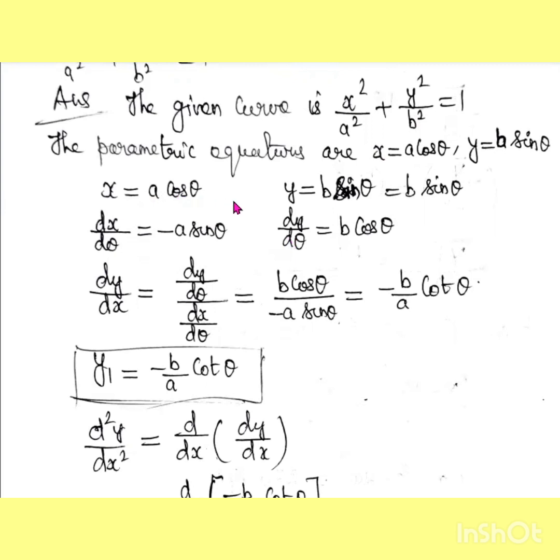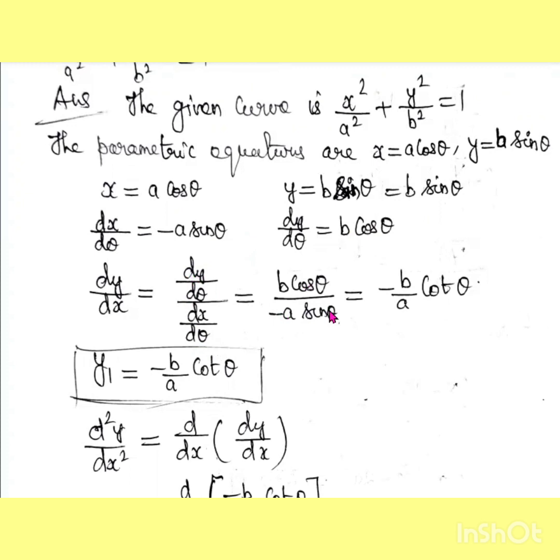So x equal to a cos theta means you have to find dx by d theta. Differentiating a cos theta gives minus a sin theta. Dy by d theta, differentiating b sin theta, gives b cos theta. So what is dy by dx? Dy by d theta divided by dx by d theta.